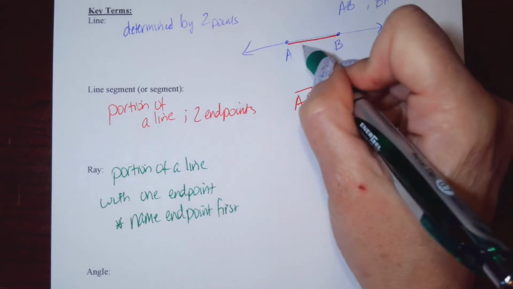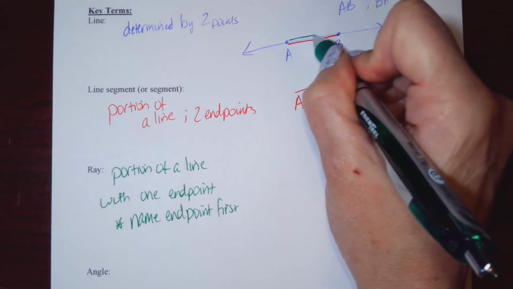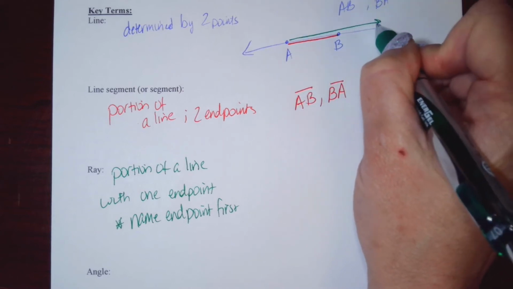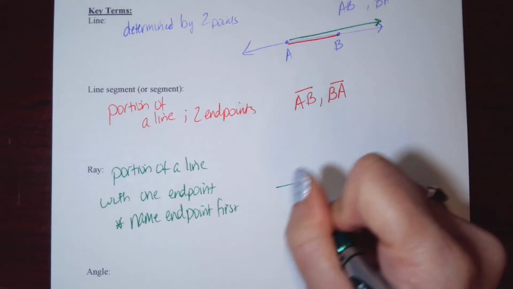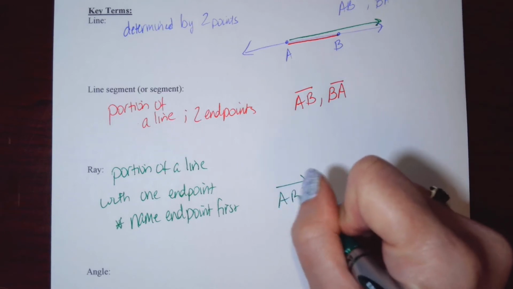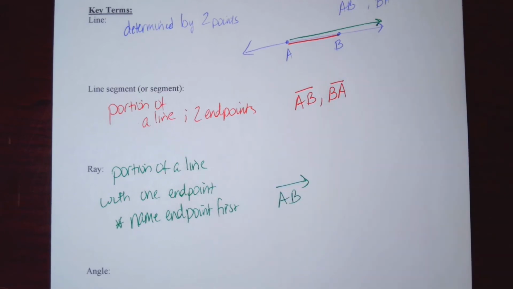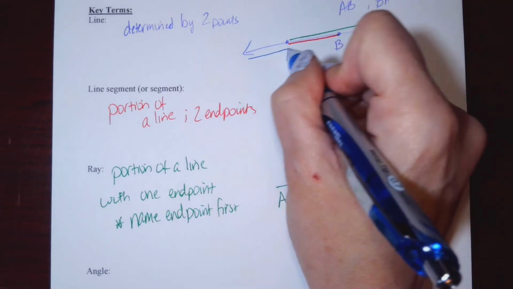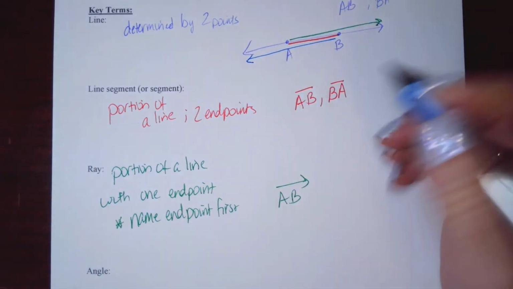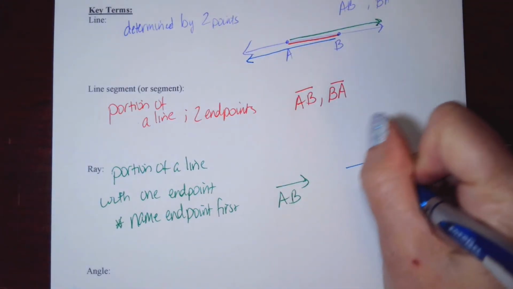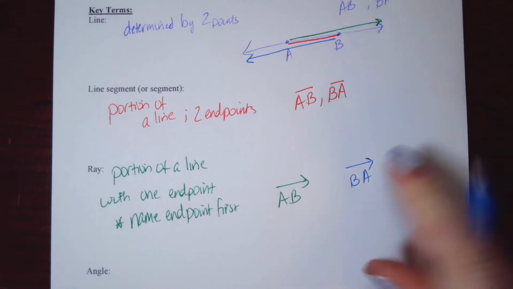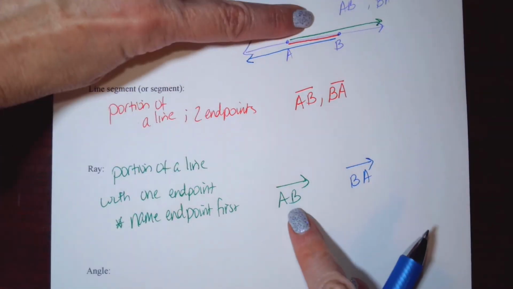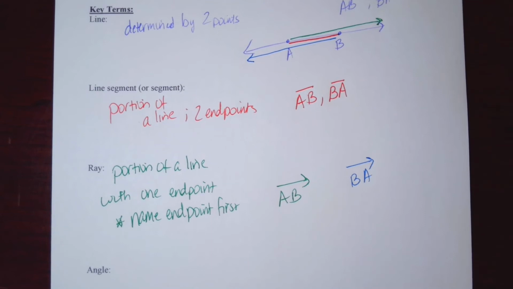So, for example, if I wanted to talk about this set of points, I would call that ray AB. And if I wanted to talk about this set of points, I would have to call that ray BA, so that the endpoint is named first. And you see I've got those color coded there.